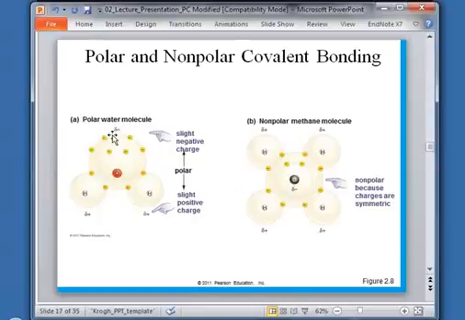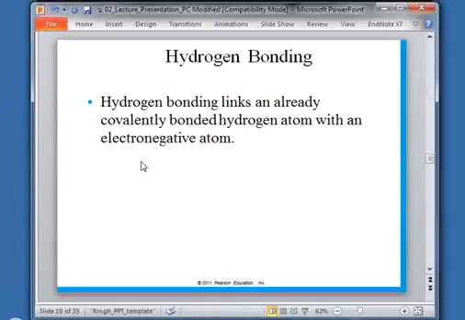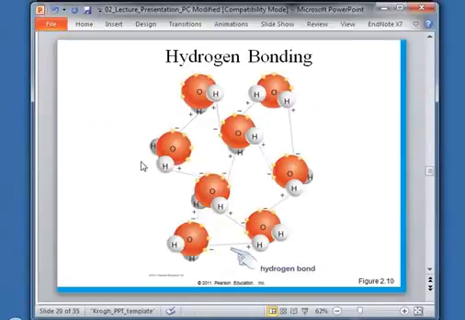Right? Magnets have a negative side and a positive side, and these will actually behave a lot like a magnet in what's known as hydrogen bonding, where the positive parts of one water molecule line up with the negative parts of another to create this linkage between the water molecules known as hydrogen bonding.